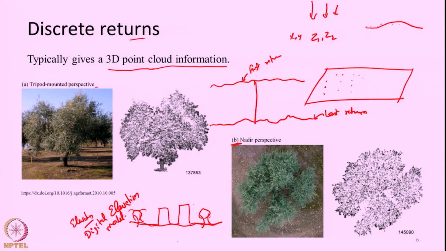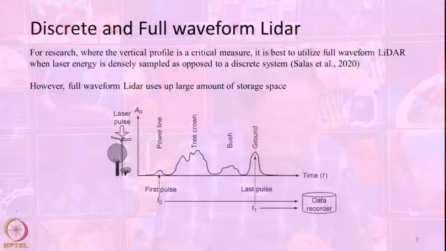All this information we will be able to get by processing this point cloud. All the first returns might have come from the top surfaces, buildings or tree tops, and all the last returns might have come from the bare ground surfaces. We will be able to model the elevation of the terrain and how the topography looks using this discrete return LIDAR system.